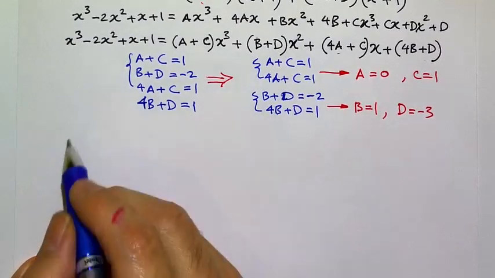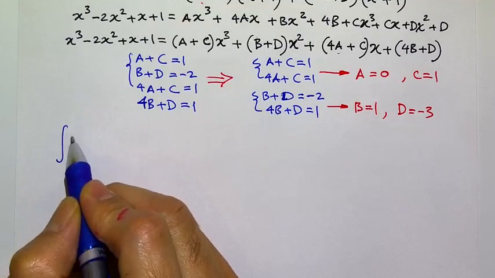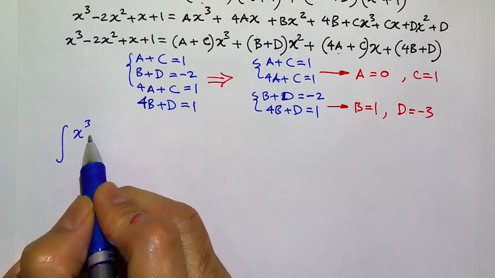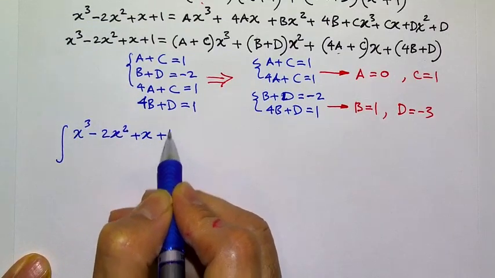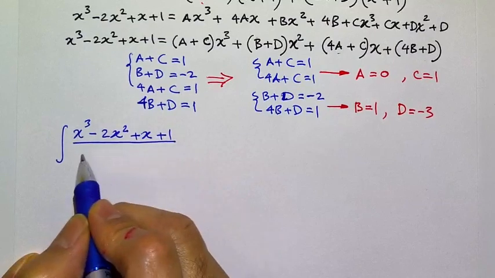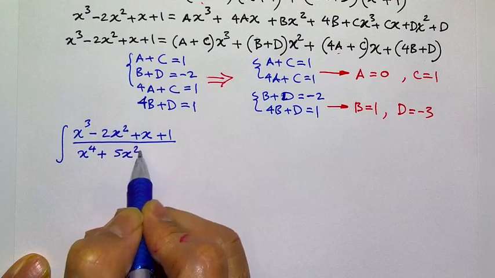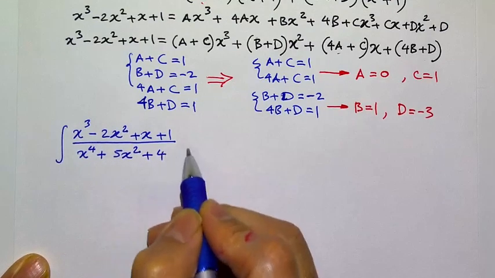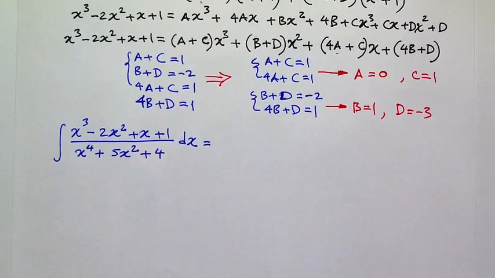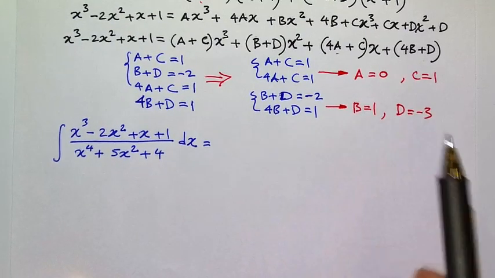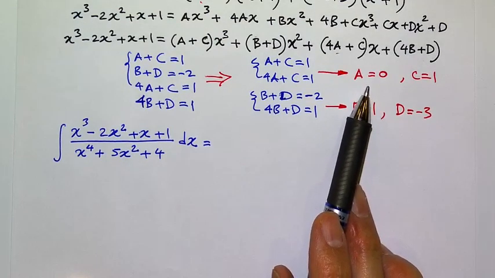I'm going to write it down again here, where we had the integral of x cubed minus 2x squared plus x plus 1 divided by x to the 4th plus 5x squared plus 4 dx equals, and then notice that a turns out to be 0, right?